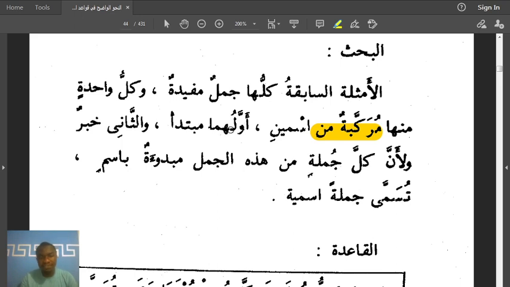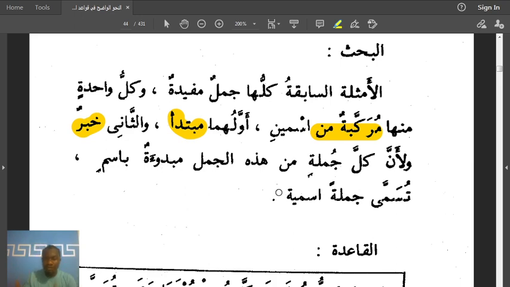Awwaluhuma, the first of the two, is called mubtada. Wa thanihima, and the second noun is khabarun.